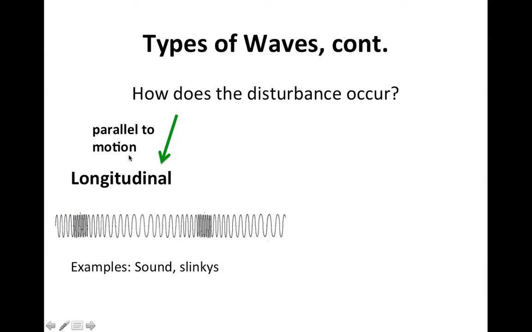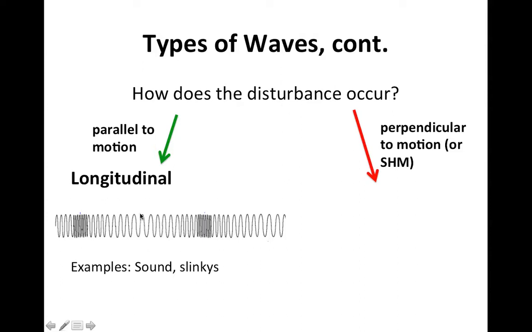So if it's parallel to your motion, we call that a longitudinal wave. An example would be sound and slinkies. Think of a slinky. If you pulse little compressions through it, they will travel along the direction of the slinky. That's parallel to its motion, like it's moving this way and vibrating like this as it goes down the slinky.